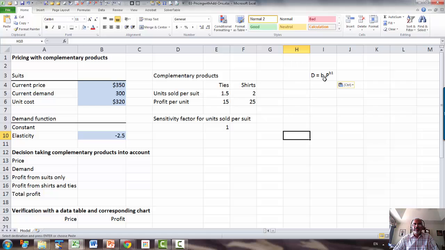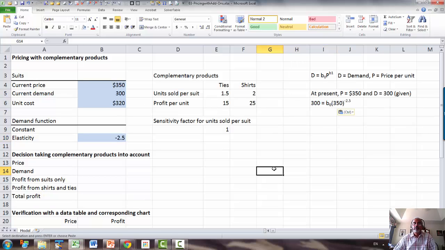So demand is going to have this format, and we are assuming constant elasticity. Now we know one point, which is if the price is 350, the demand is 300. So we can substitute those values here. At present price is 350, demand is 300. These are given.